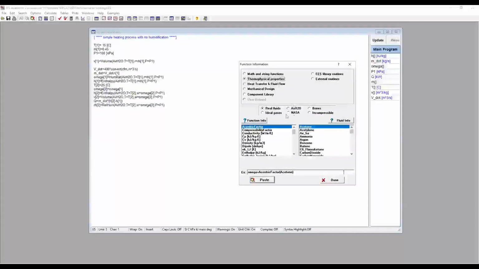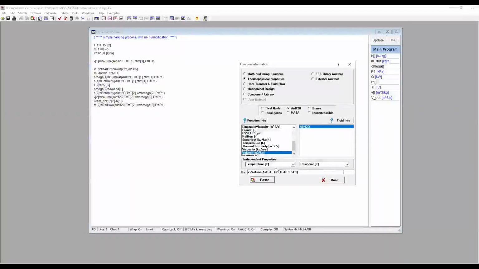Then in this box, check AirH2O. This is for humid air properties. On the fluid side, you just get one type of fluid, humid air, AirH2O. The property you want to call is specific volume, which is listed as volume only. Click on volume.